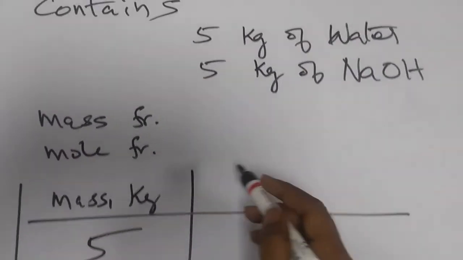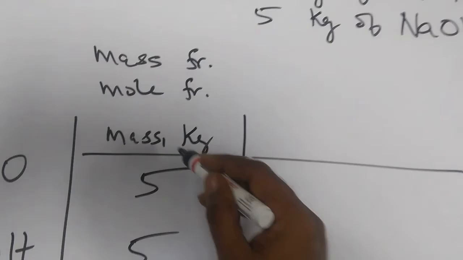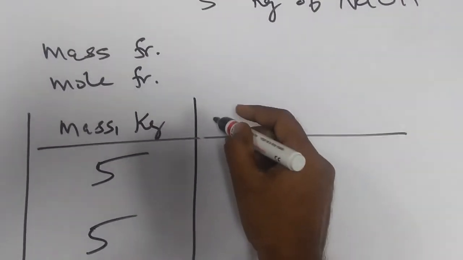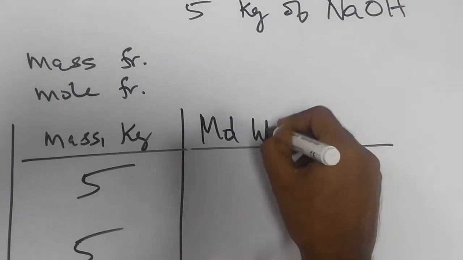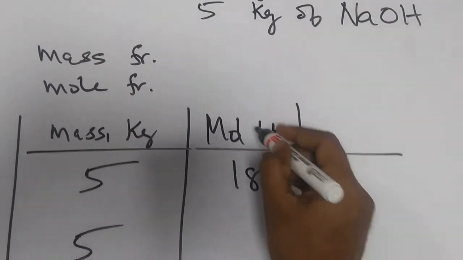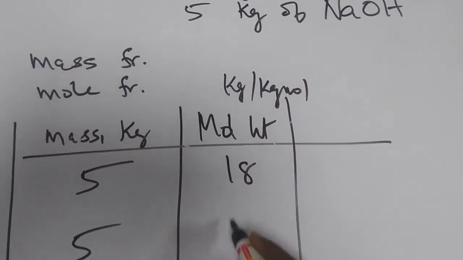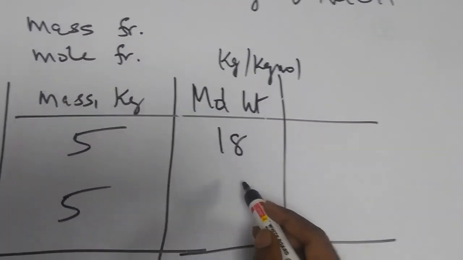So we can easily write the mass fraction, but let us write the molecular weight so that we can convert it to mole fraction also. So write the molecular weights. What is the molecular weight of water? 18 kg per kg mole.